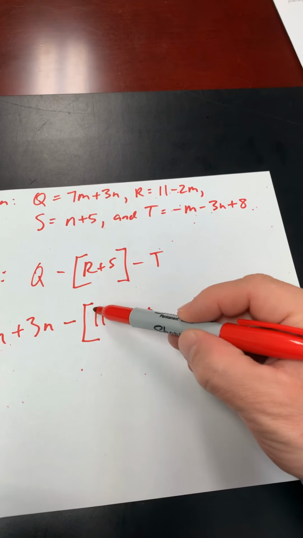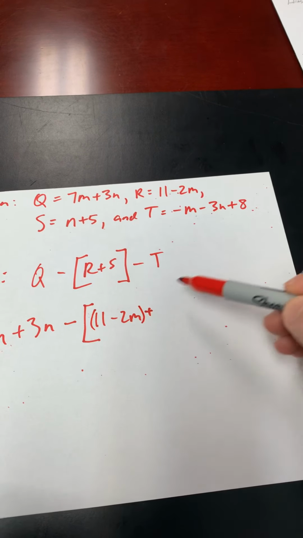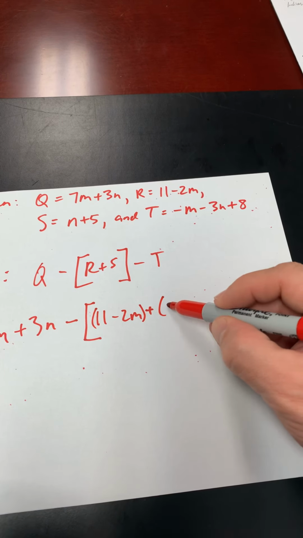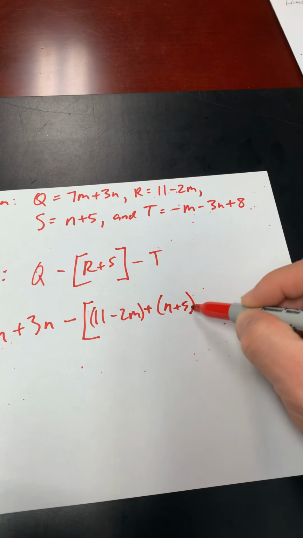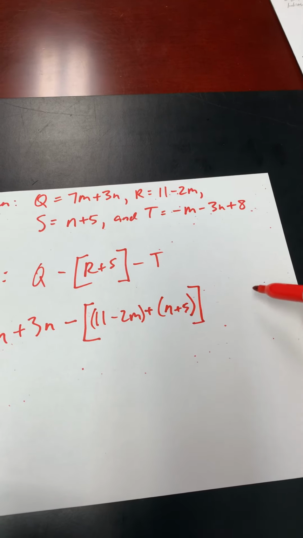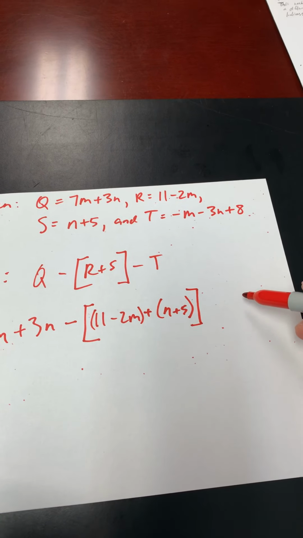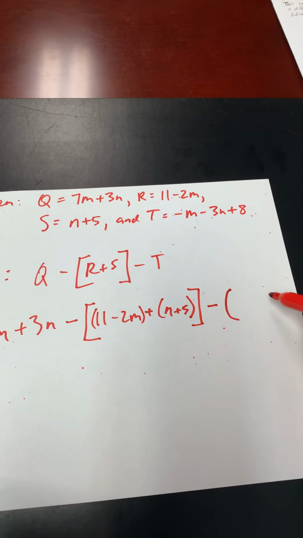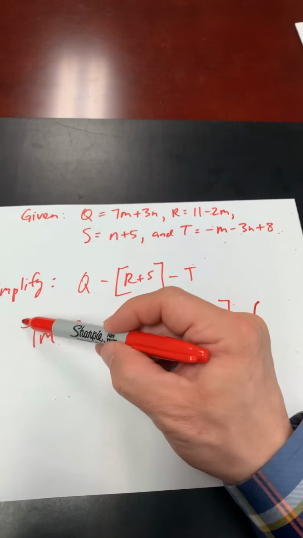Okay, and then plus S. So let's go ahead and group that. Okay, plus n plus 5. Okay, minus, we're going to go ahead and group this one as well, and let's go ahead and group this one as well.